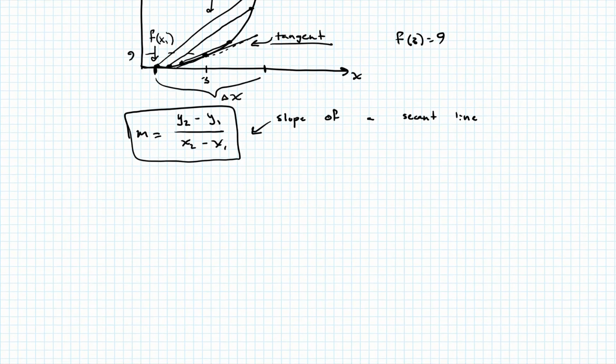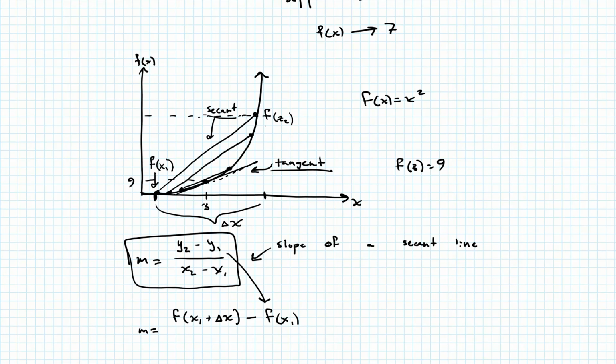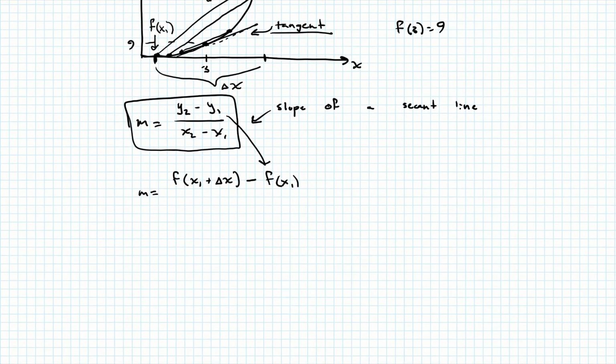So really we can rewrite the slope as m equals f of x1 plus delta x minus f of x1, right? Because f of x1 is just y1, they're the same, and y2 is just going to be f of x2, and f of x2 is just going to be equal to f of x1 plus this delta x here. You're going to see why that's important in just a minute. And then we divide by x2 minus x1.